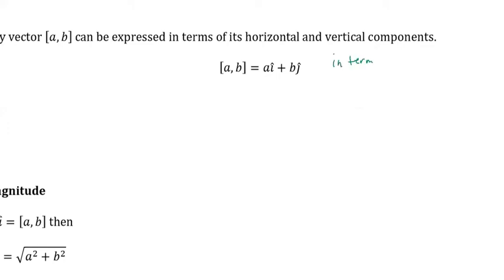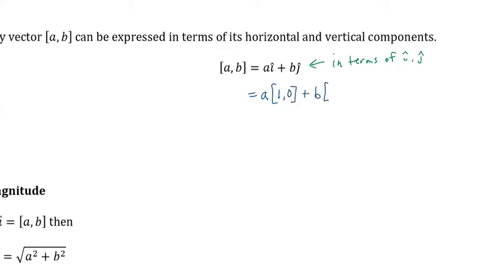If I were to write it out, that's like a times i hat. Now, we haven't even done multiplication yet, but we're going to momentarily. And we haven't done addition yet, but we're going to momentarily. But all of that is quite intuitive. So I think you will accept this.